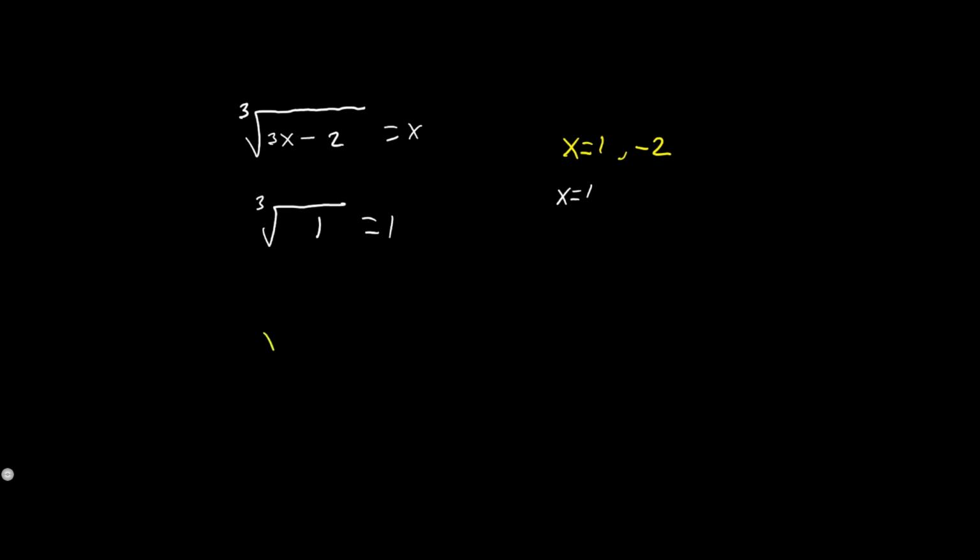And for negative 2, we're going to get the cube root of negative 6 minus 2, which is negative 8, which is equal to negative 2. So we see that negative 2 is equal to negative 2. So x is also equal to negative 2. And x is equal to 1 twice. We're going to put 1 as a multiplicity of 2.